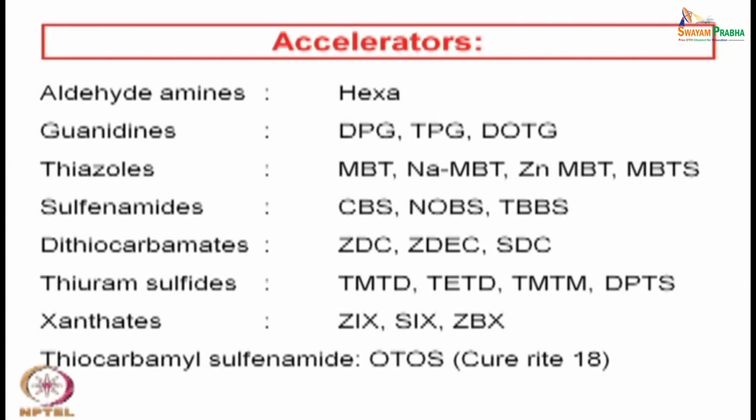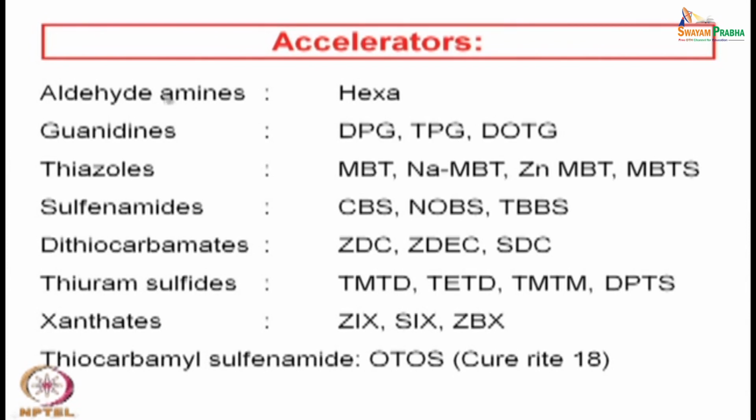These are basically amine derivatives, and there are different classes of accelerators: aldehyde amines, guanidines, thiazoles, sulfonamides, diethylcarbamates, thiourea sulfides, xanthates, thiocarboxyl sulfonamides.